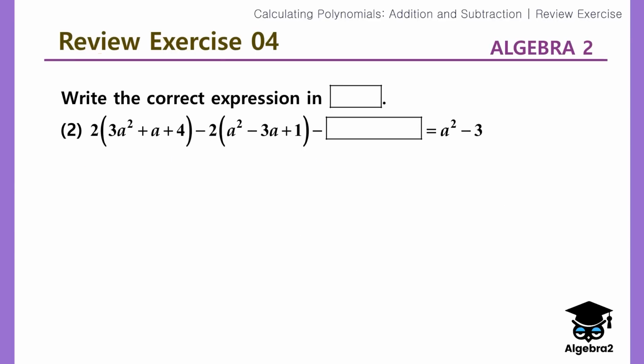Number 2, I'm going to let this empty space be equal to A again. So let's write A here. So this time, what I'm going to do is eliminate A squared minus 3 by subtracting A squared minus 3 on the right hand side, also left hand side, minus A squared minus 3.